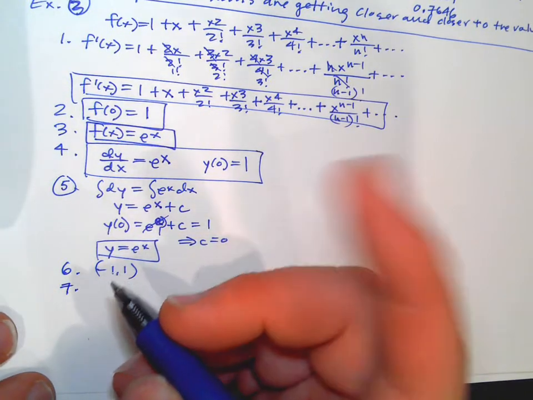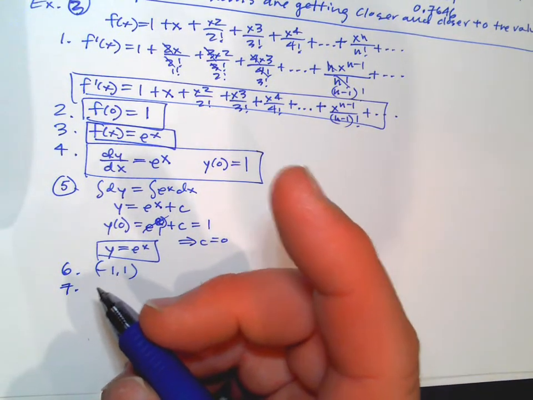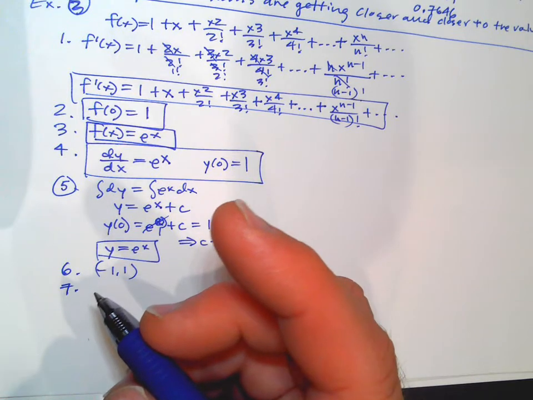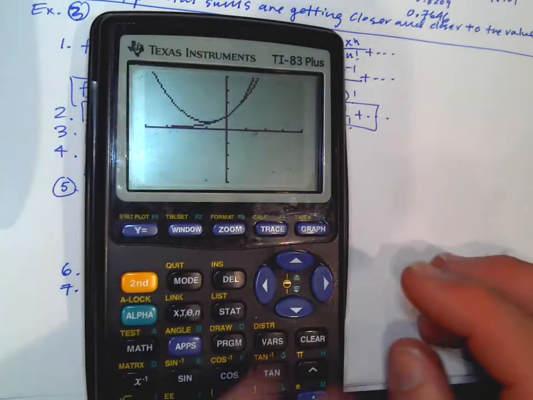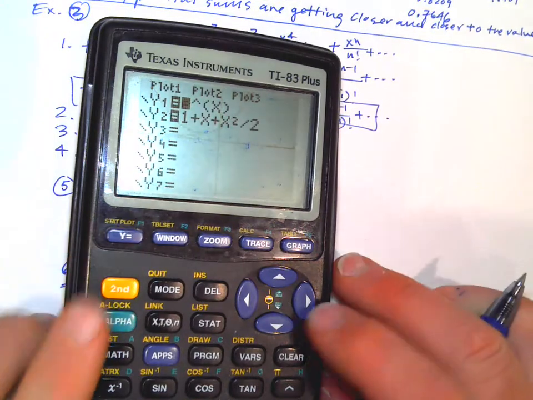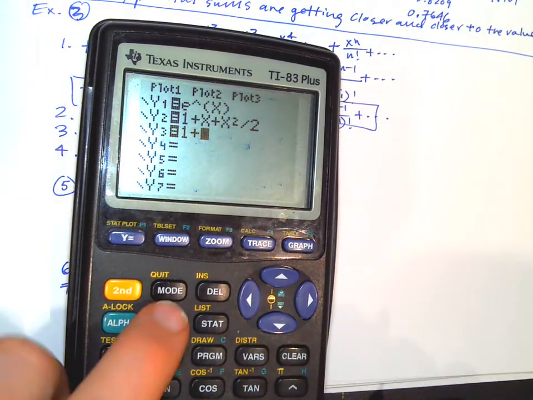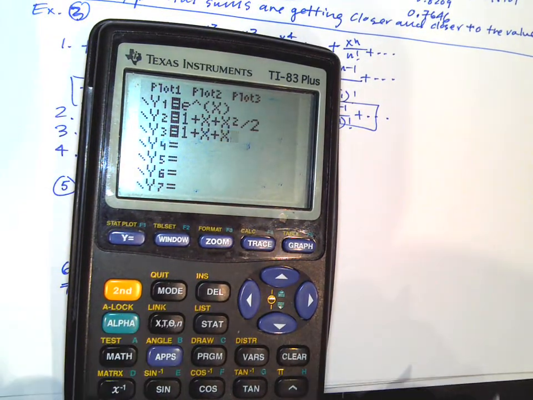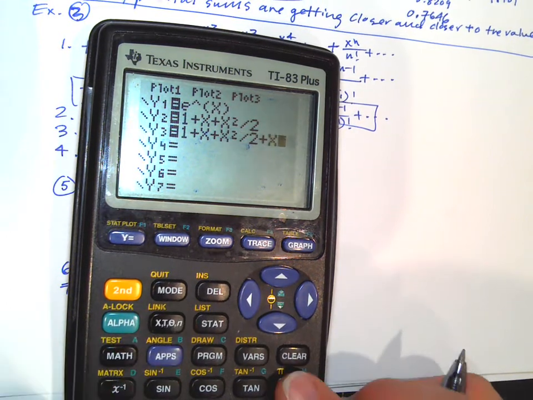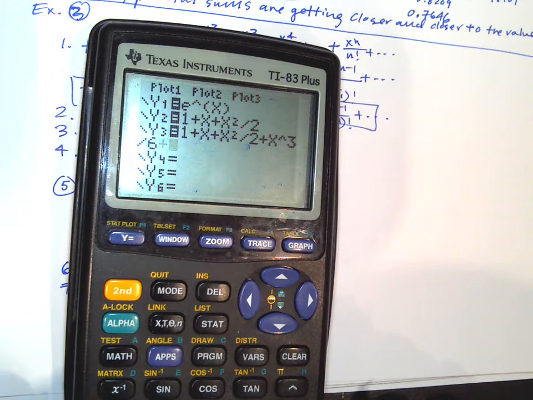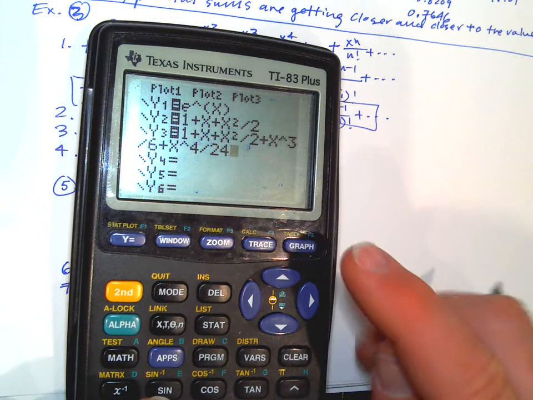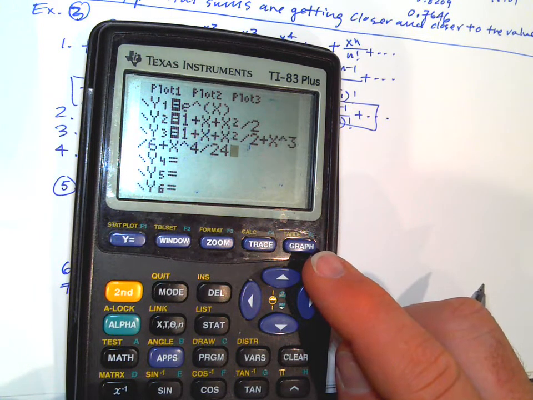7, graph the next 3 partial sums. Did you underestimate the interval of convergence? So let's try 1 plus x plus x squared divided by 2 plus x to the third divided by 6 plus x to the fourth divided by 24, which is 4 factorial. So that's 3 more, right?